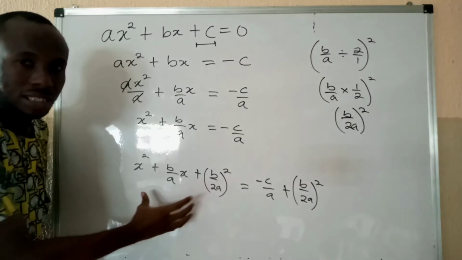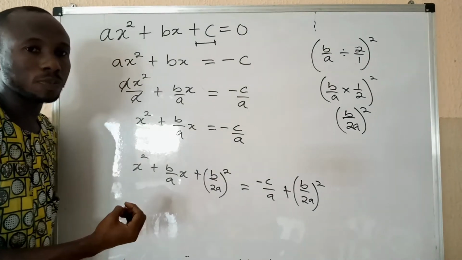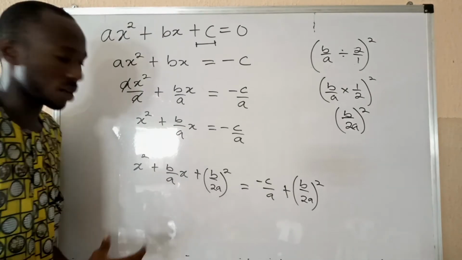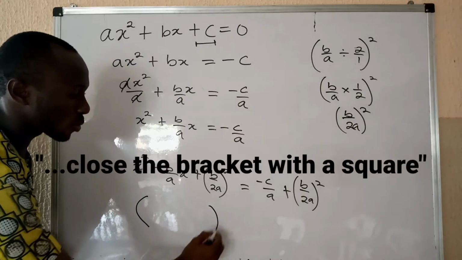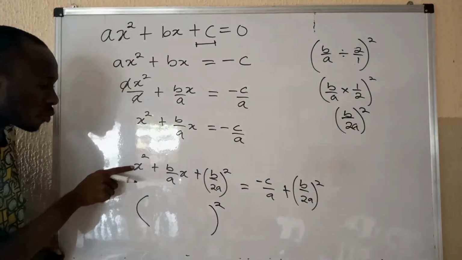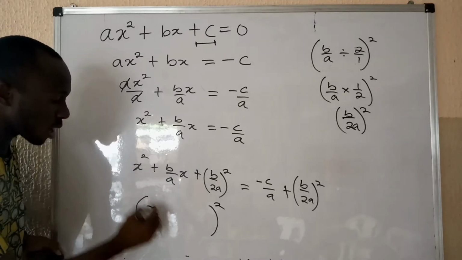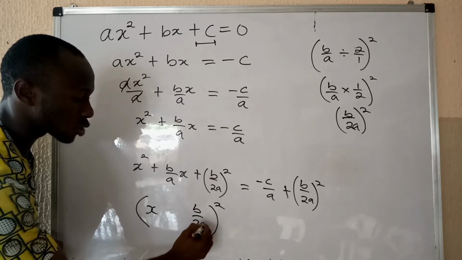Because of this, I can write this expression in its compact or factored form. The trick is that I'm going to open up a bracket and close it with a square. Now for the term with the square, I'll bring out the term without its square, and I'll bring out the extreme terms without their squares.